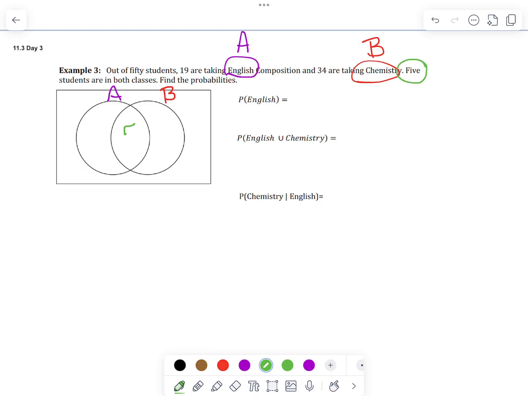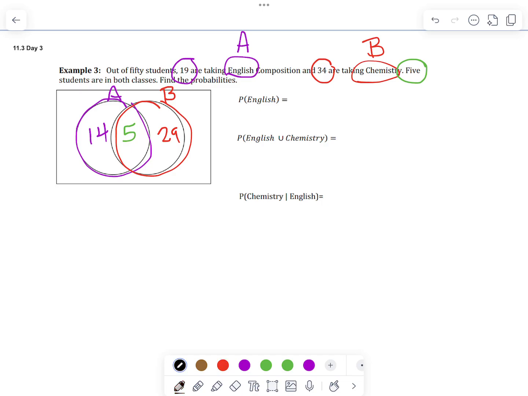So I'm going to start with the overlap, 5. And then this entire circle has to add up to 19. So what's left? 19 minus 5 is 14. And then the red circle has to add up to 34. Well, 5 are already in this circle, so what's left is 29.